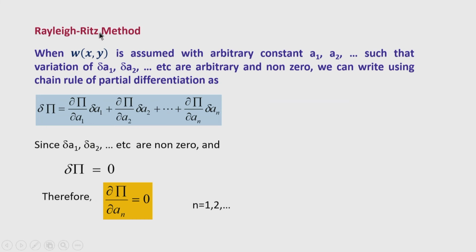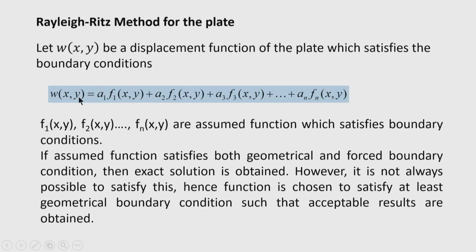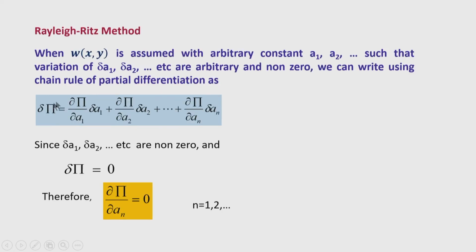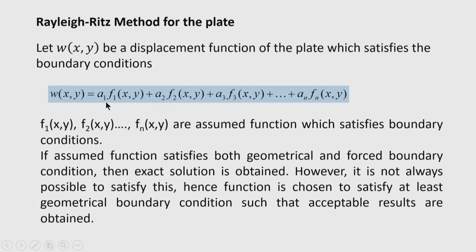So, how is the Rayleigh-Ritz method derived? We know the total potential pi contains the strain energy as well as the work done, which are also dependent on the displacement as well as its derivatives. So, therefore, this total potential pi is also a function of the unknown constants a1, a2, a3 etcetera. Okay.